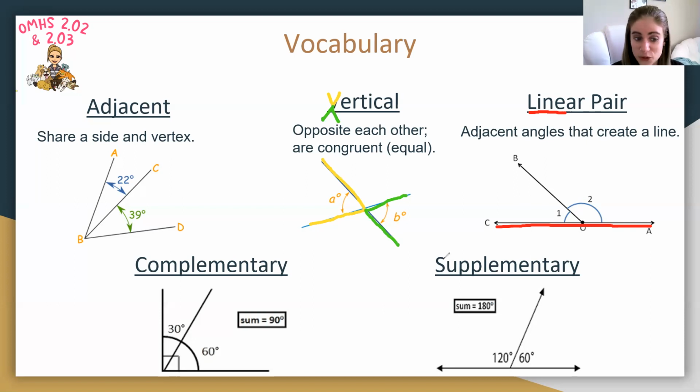We can help ourselves remember that by turning this S, ooh, I should make my pen a little thinner, by turning this S into an 8. There we go, 180, and we're turning the U into an O, 180 degrees. Supplementary, straight line, they add up to 180. And our last one was complementary. If we have complementary angles, they create a right angle.